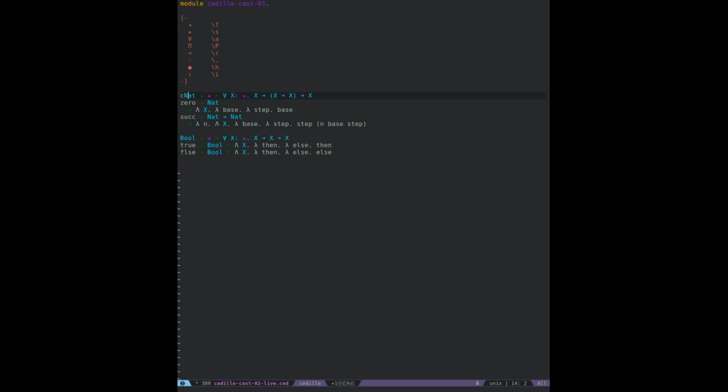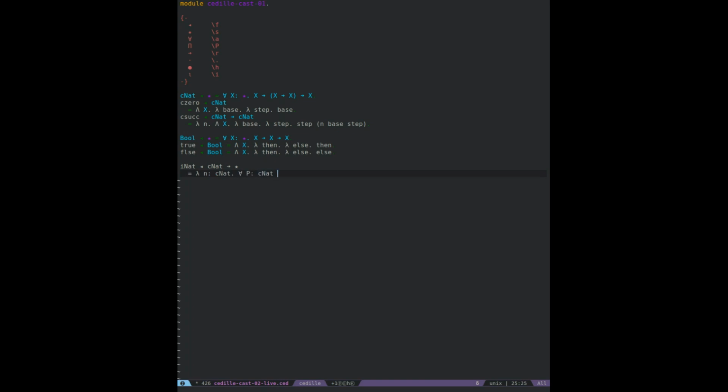So we'll call this CNAT for the constructions nat. As before in the previous video, we'll define a predicate over CNATs called INAT.